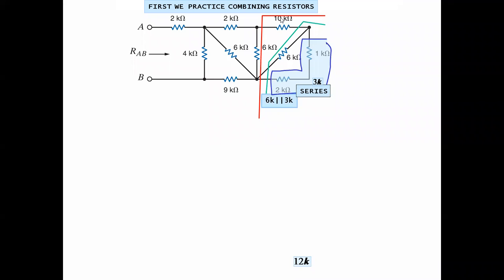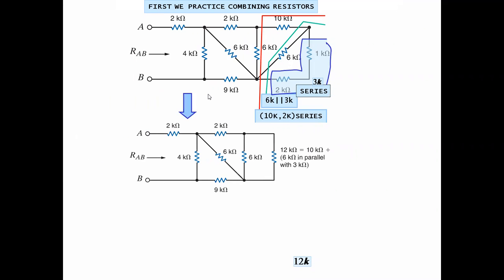So 10 plus 2 will give us 12 kilo ohm resistance, right? By adding these two resistances we will get a new circuit. You can see a simplified diagram for the above circuit. So this is the 12 kilo ohm resistance.